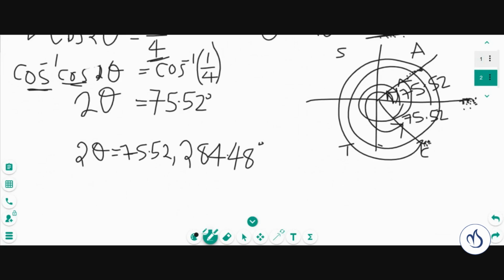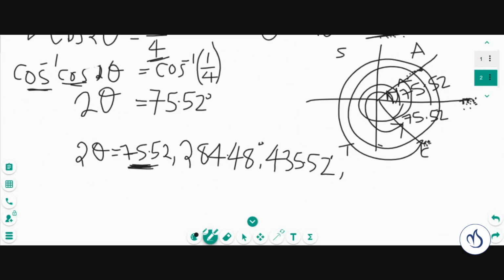But how to easily deal with that? Just get the two angles that you have, and you keep adding 360. So what I've done, I've just added 360 here.